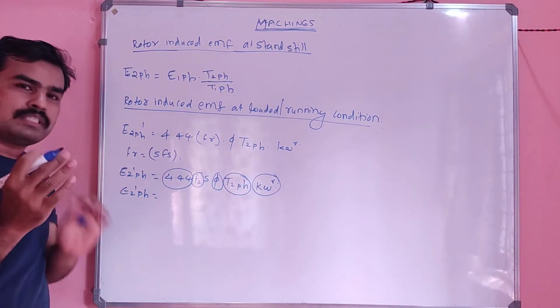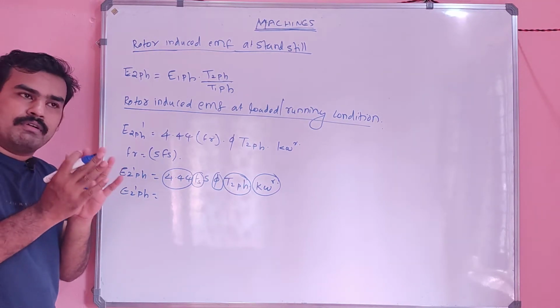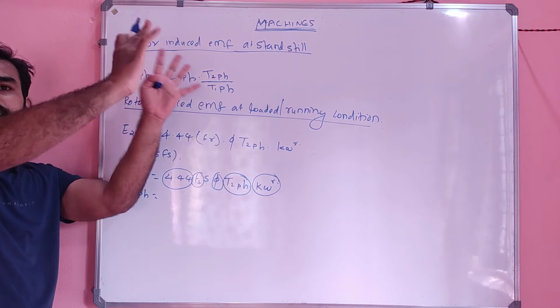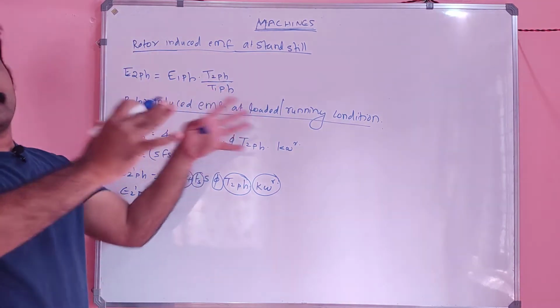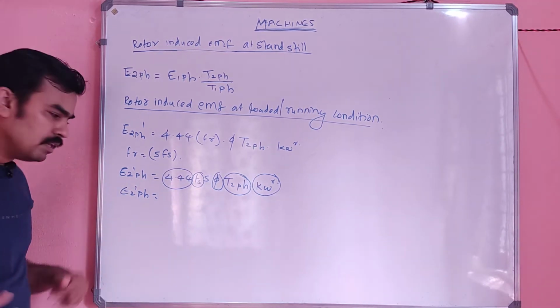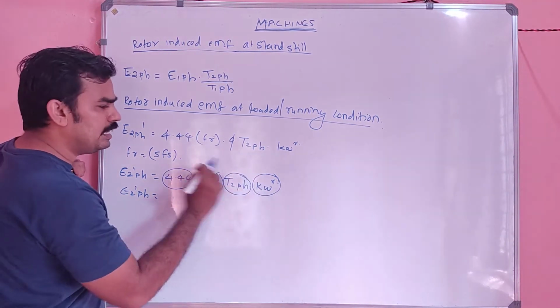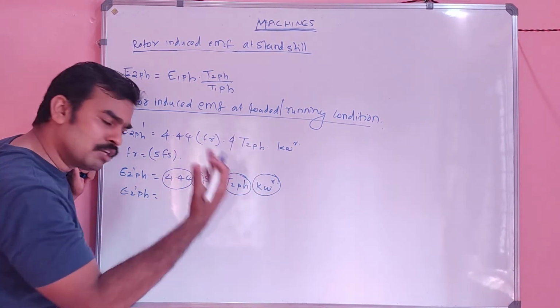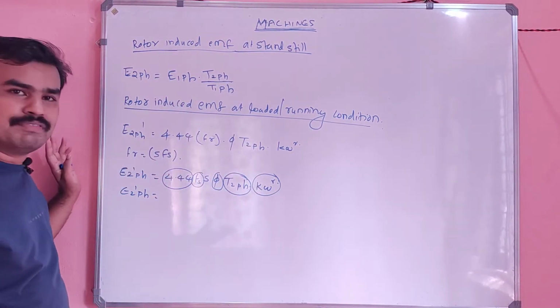Only this small change will be there, because we already told you that the winding of the stator and rotor will be almost the same in structure, so the winding factor will be similar. For understanding purposes, Kwr, the winding factor in the rotor, is equal to the winding factor in the stator.